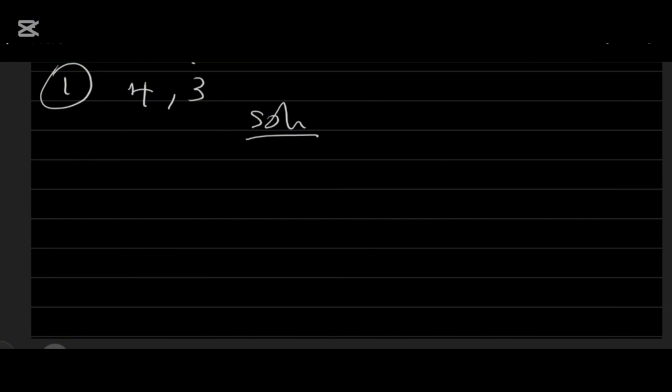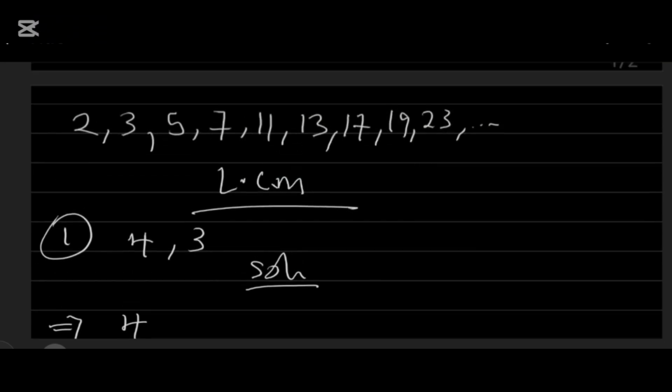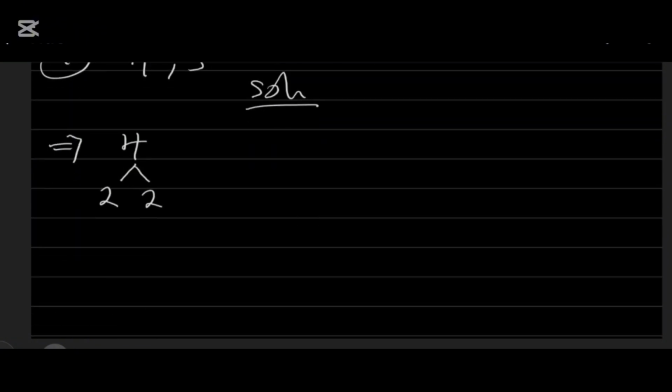I don't know whether you get what I'm trying to say, but here we go. We just said 4. What's 4 in terms of prime numbers? 4 is nothing but 2 times 2. Okay, 2 is a prime number, and we have 2 here.